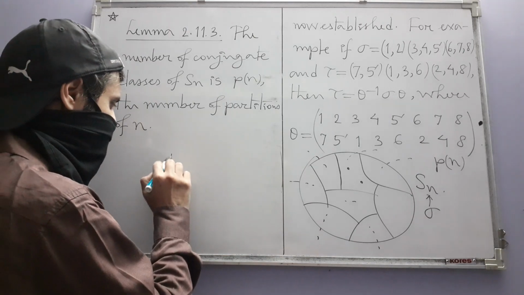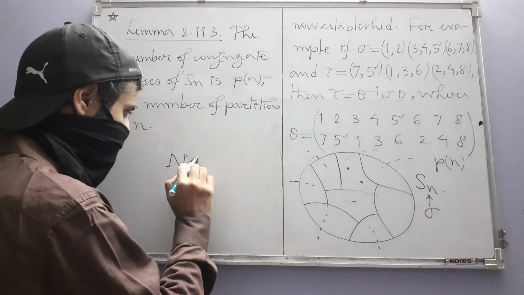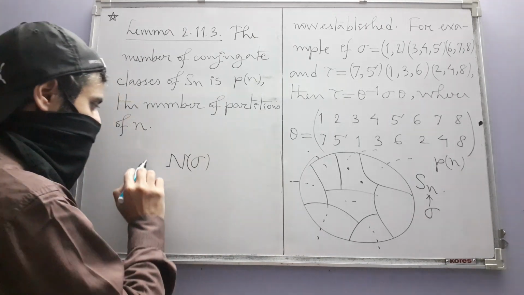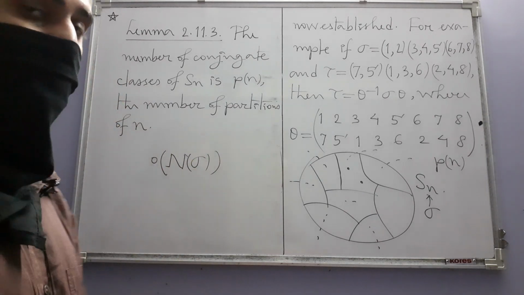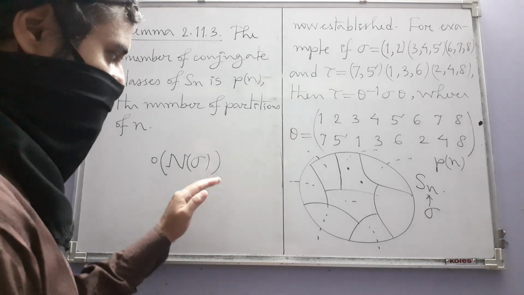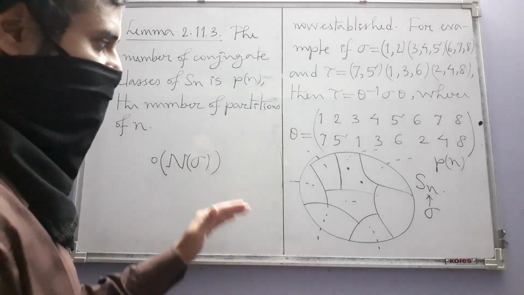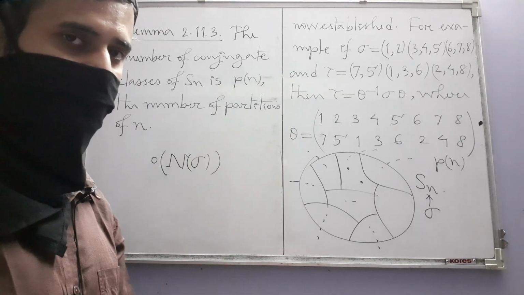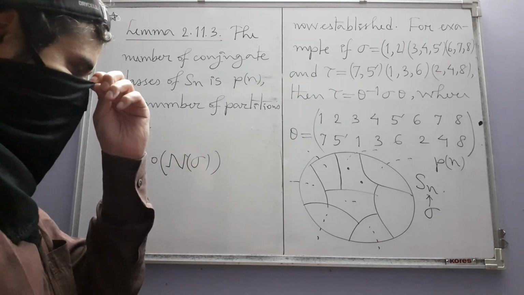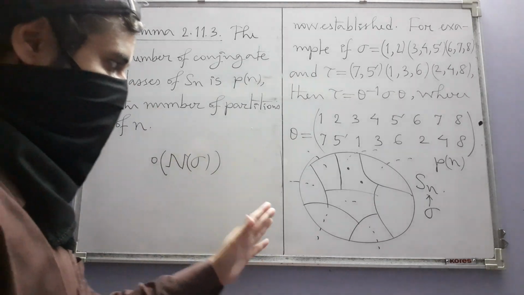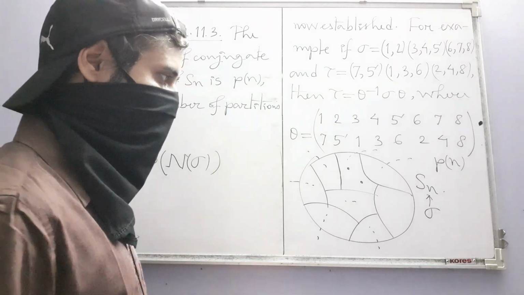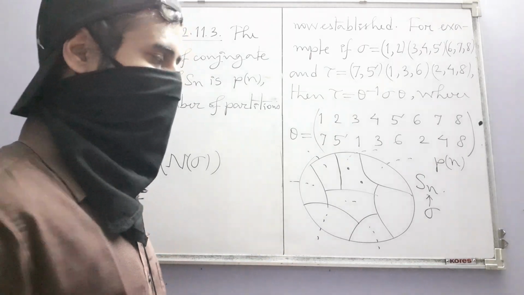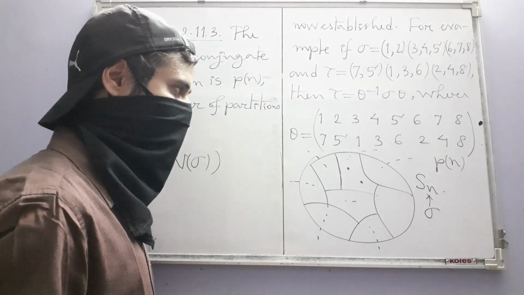In other words, you are now in a position to know the order of the normalizer of sigma. This, however, we won't do today. We will see it in the next group theory video, and there the section will properly end, and after that we of course have our exercises that we will start solving.